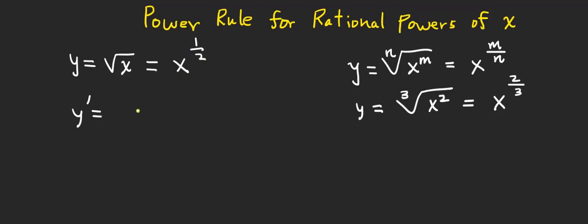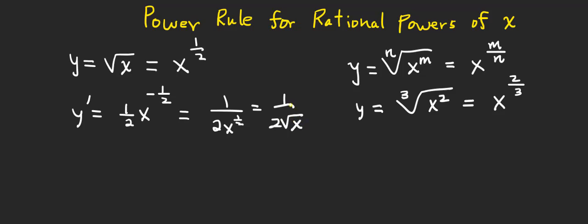So what's the derivative of that? It's going to be 1 over 2 x to the 1 over 2 minus 1, which is negative 1 over 2. And if you want to clean this up, this is the same thing as 1 over 2x to the 1/2, which is the same thing as 1 over 2 radical x.